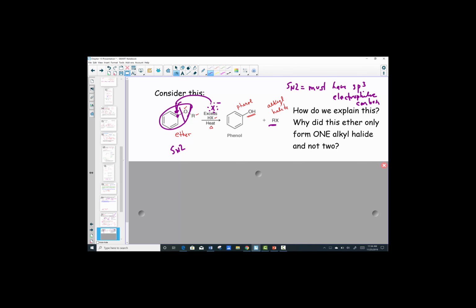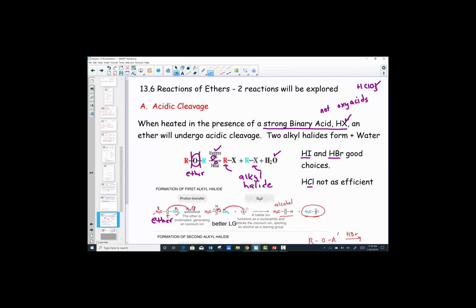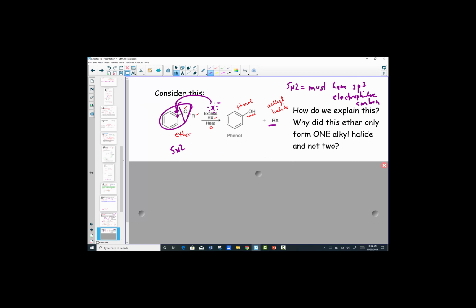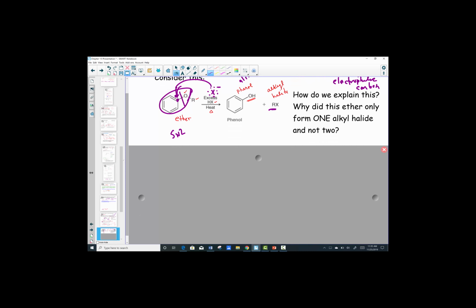with that particular reaction. Now go back and remember, if we took off one side, we produced an alcohol, right? The original ether, removing the first substitution there, the first alkyl halide forms, leaving us an alcohol as the other product. So you'll stop with the alcohol and not the next step where you would turn it into an alkyl halide.